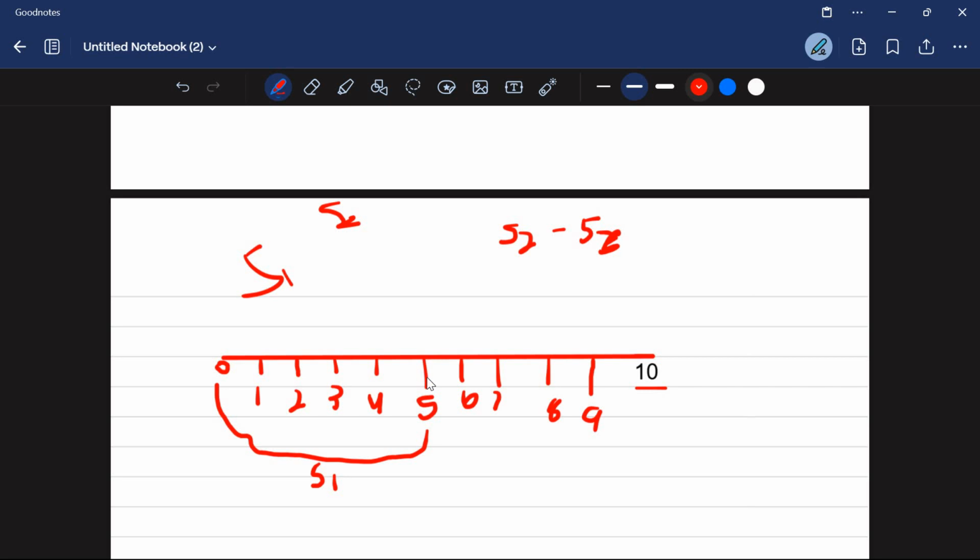S1 can be 5, S2 can be 10. But S1 cannot be 6, because when S2 is 10 there is no element remaining, right? So S1 can only come up to this position, sum divided by 2.